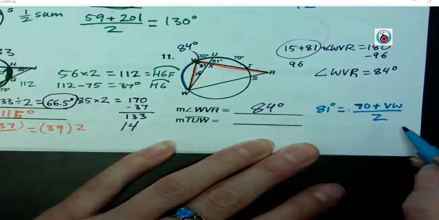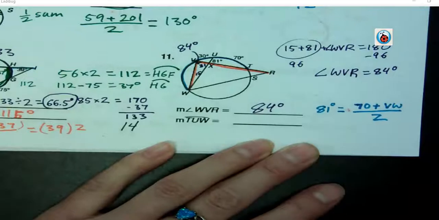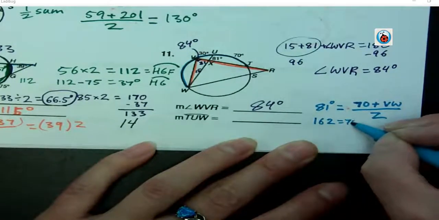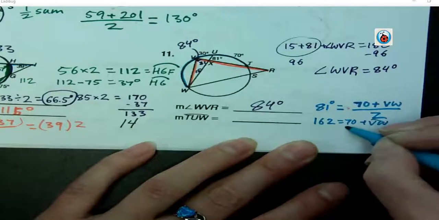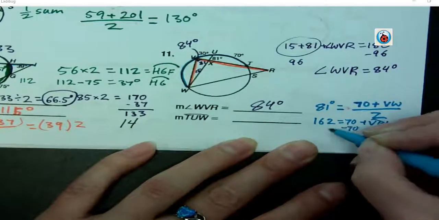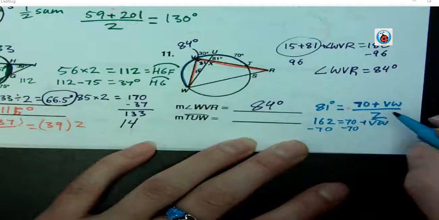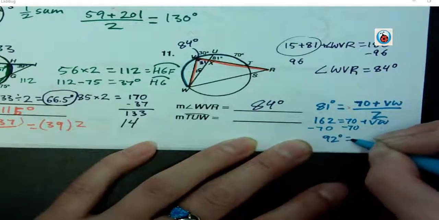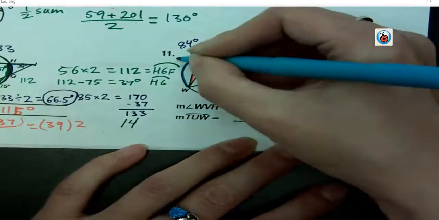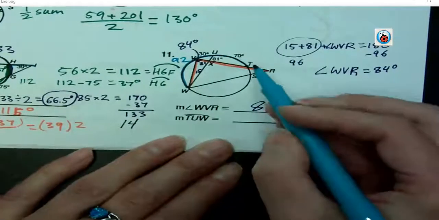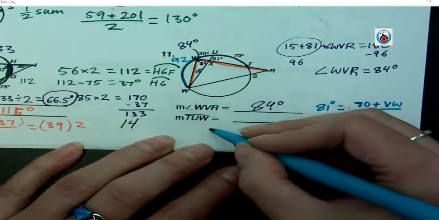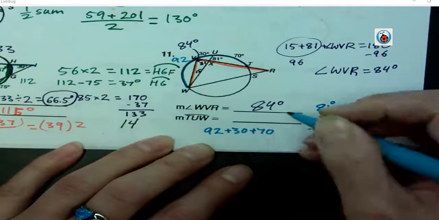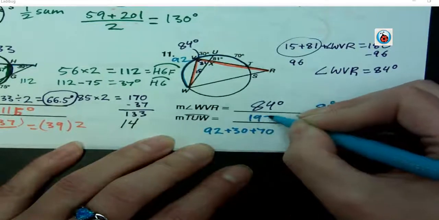Which is going to come out to 162 equals 70 plus VW, minus 70 gives me VW equals 92. And so then now I just add up my 92 plus 30 plus 70 to get 192 degrees.